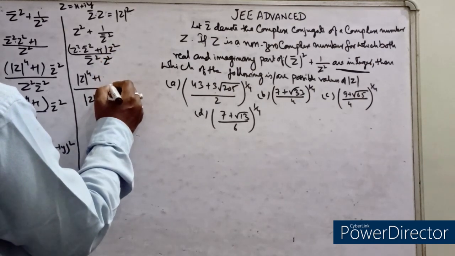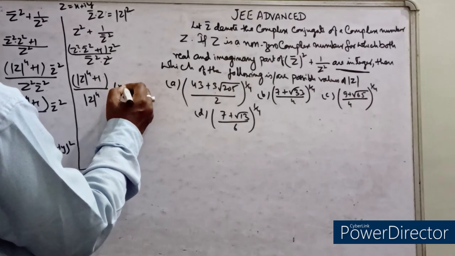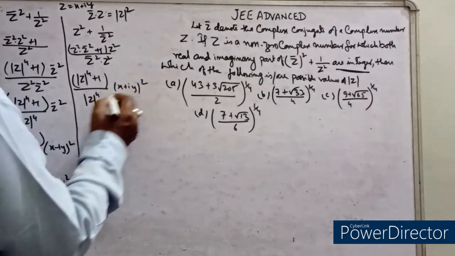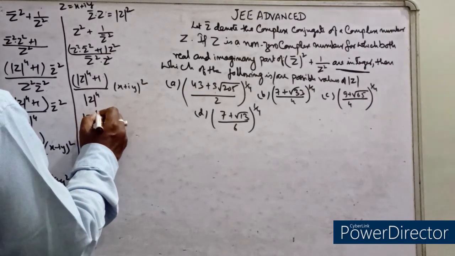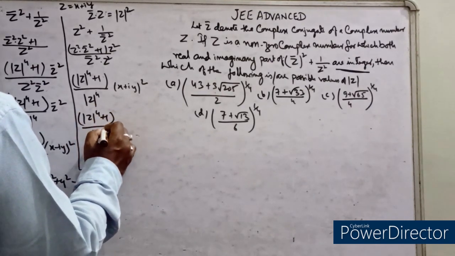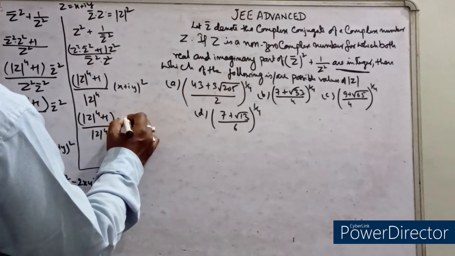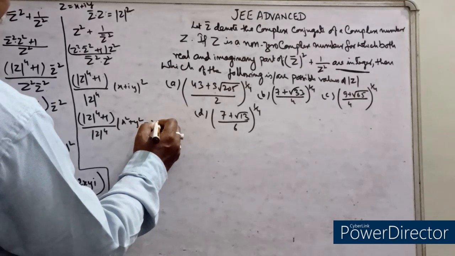When I expand this z square, that is x plus iy the whole square, I am going to get x square plus y square minus 2xyi.